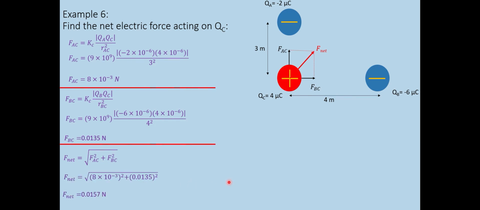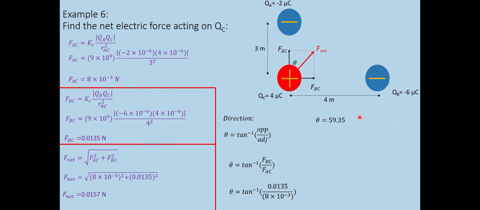We replace to find the answer. Now for the direction, tan inverse opposite over adjacent. I chose this angle. The opposite is this red line, which is the same as FBC. The adjacent is FAC. We replace, we find the answer as 59.35.